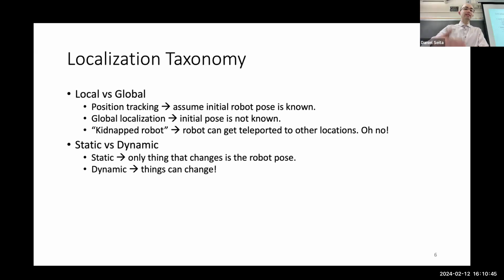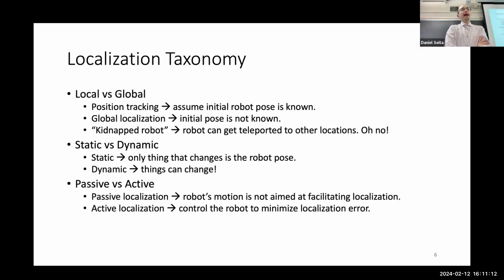And then there's static versus dynamic environment. In a static environment, the only thing that changes is the robot pose, and dynamic means things can change. Clearly dynamic is harder than static, and dynamic might mean humans or moving obstacles that cause a lot of changes to the sensor readings that we use to figure out where the robot is. And then there's passive versus active. Passive localization means the robot is moving, but it's not actually trying to learn more about where it is.